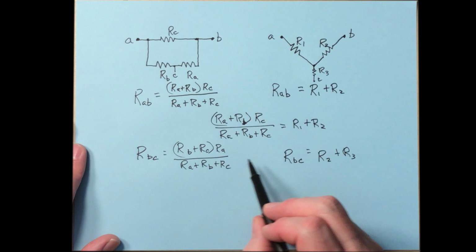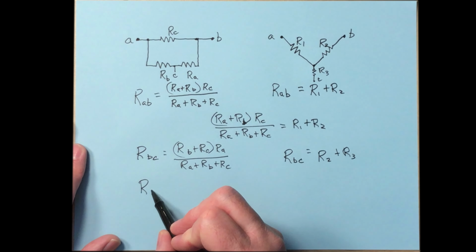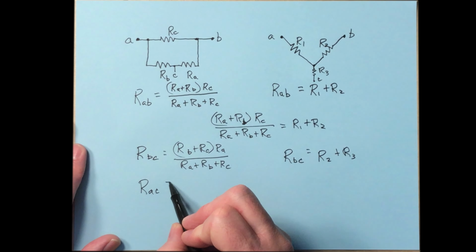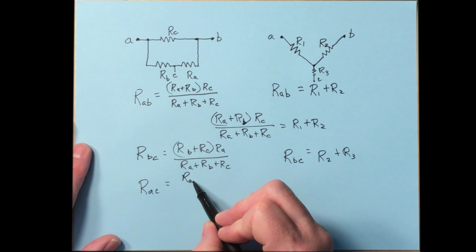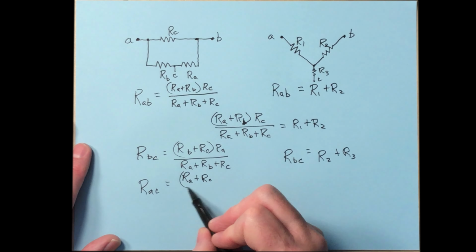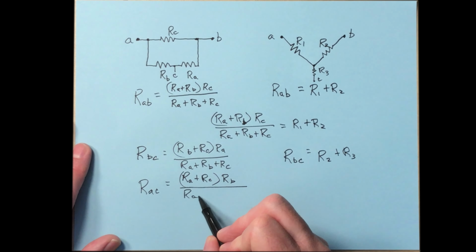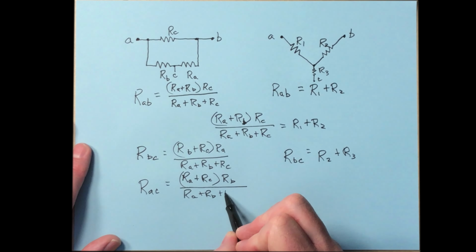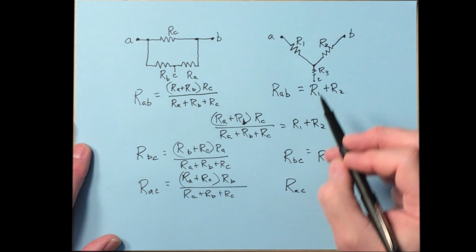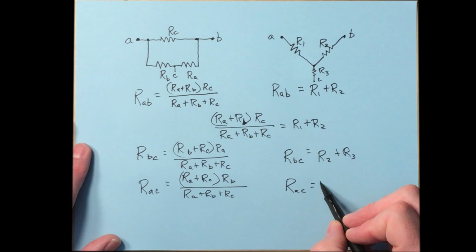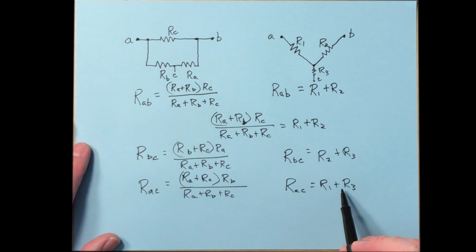So those two things must be equal then as well. And if we were to do it for R between A and C, that's going to be, let's see, (RA plus RC) times RB over RA plus RB plus RC. And over here, the resistance between A and C is R1 plus R3. And again, those must be equal.